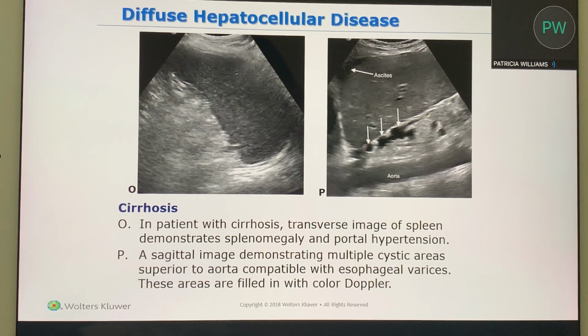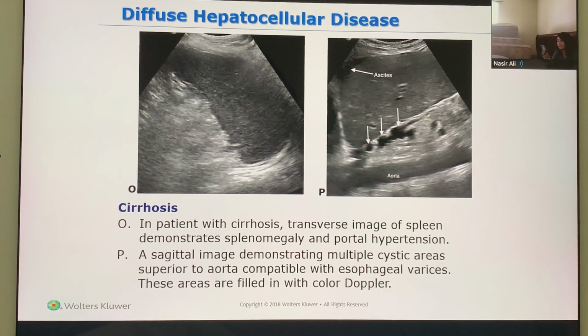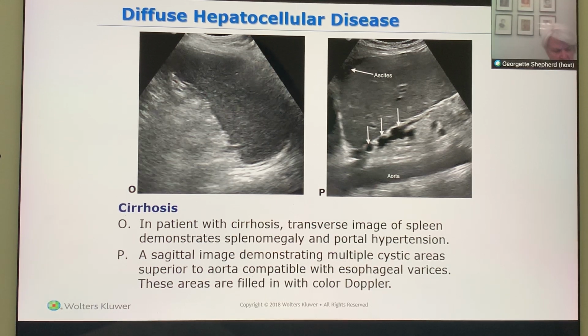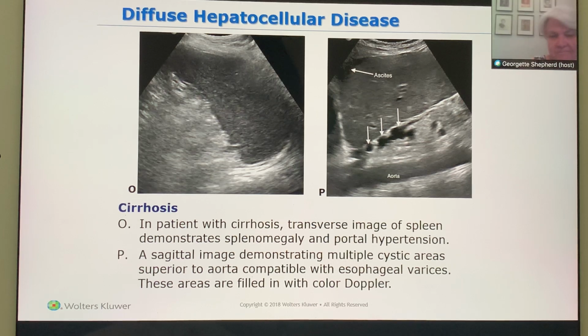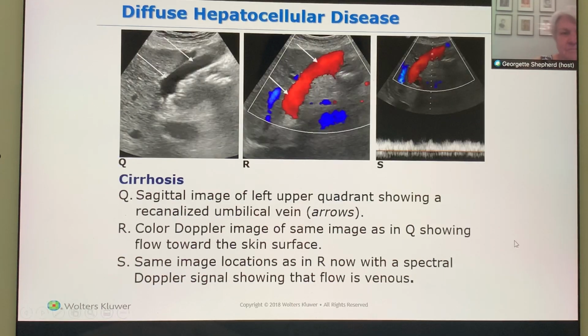Normal spleen? Yes, normal. Because it said that it can get up to 29, 30 centimeters. So that's abnormal. Yeah, that's definitely abnormal. Thanks for looking that up. So more than 13 is abnormal.